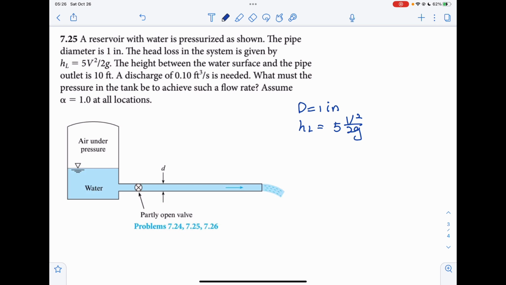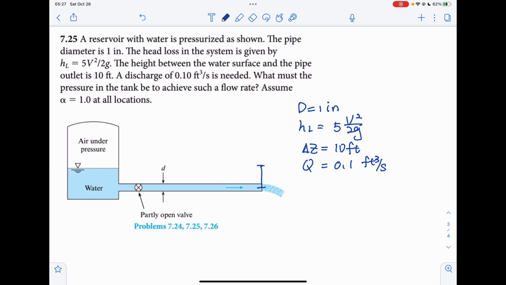So the height between the water surface and the pipe, delta Z, equals 10 feet. And discharge here is 0.1 cubic feet per second. So the problem is asking us what is the pressure in the reservoir.